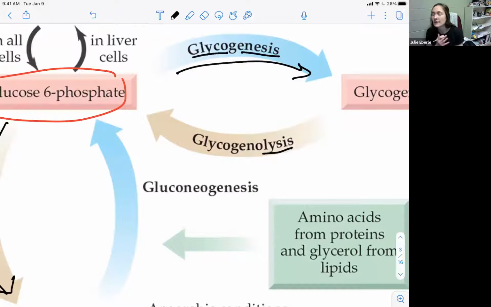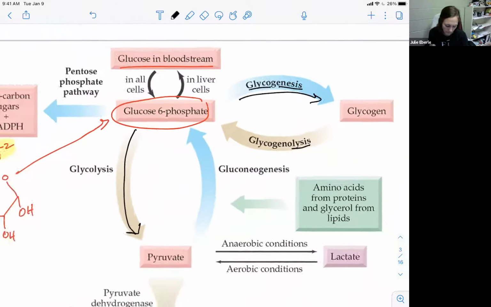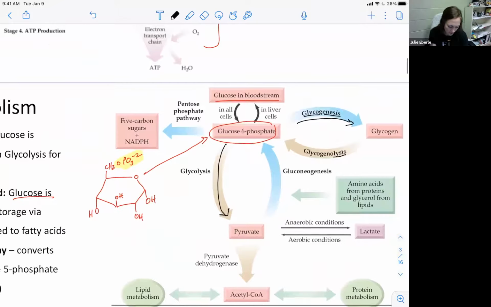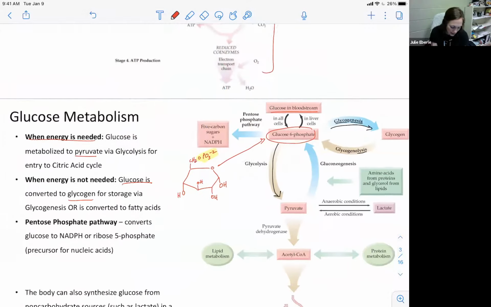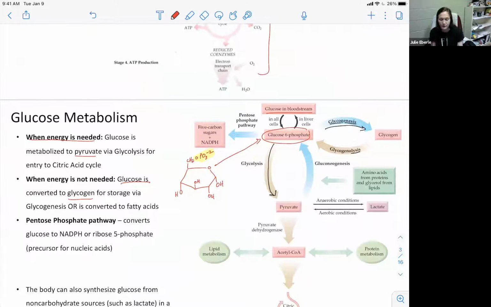So anytime you see a word that has lysis as the suffix, as the ending, we're breaking that molecule down. So glycogenolysis is the breakdown of glycogen. Okay, so hopefully that helps you keep some of these words straight, because they can pile up and get confusing.